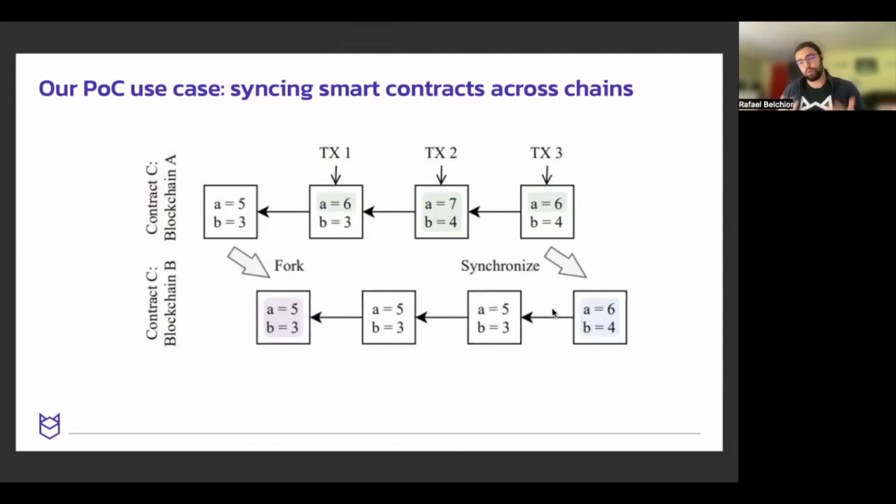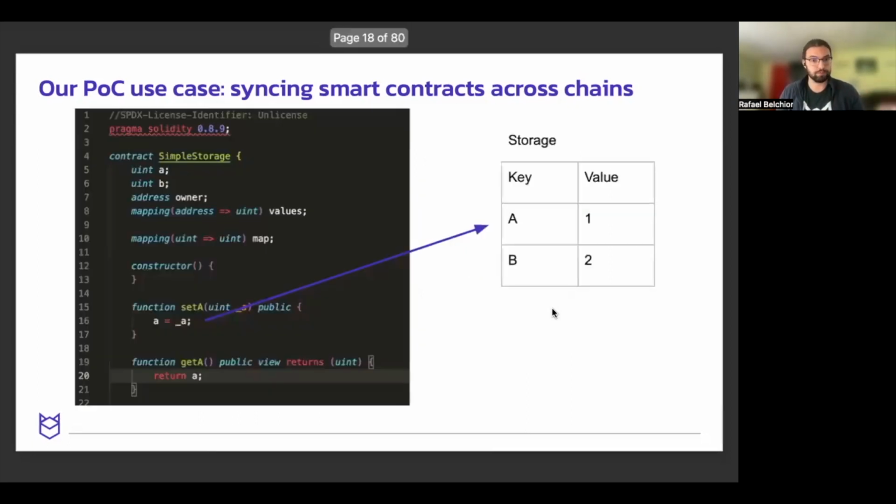So what we're proposing here is a light client system that allows creating cross-chain logic or cross-chain use cases. And the use case we're going to showcase is a state synchronization and not an asset token transfer, which is, let's say, the canonical use case to explain bridges.